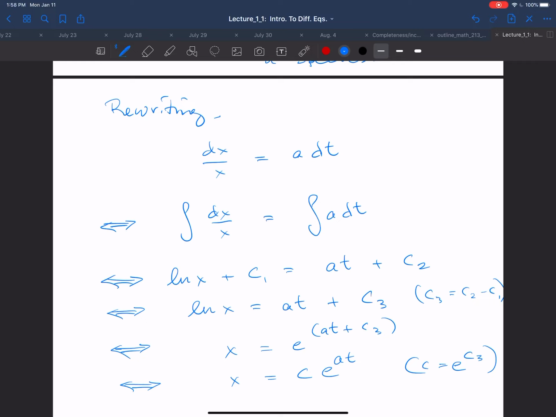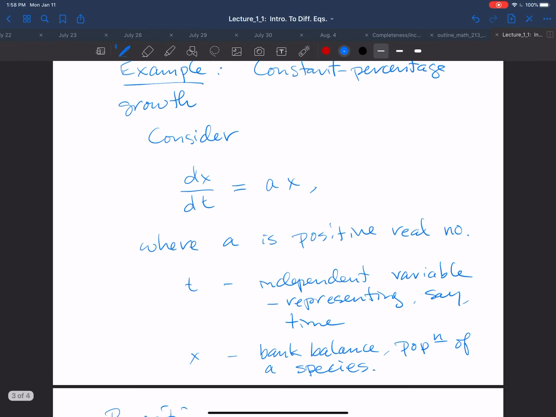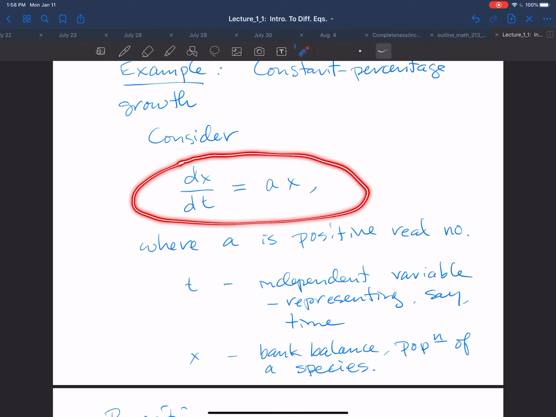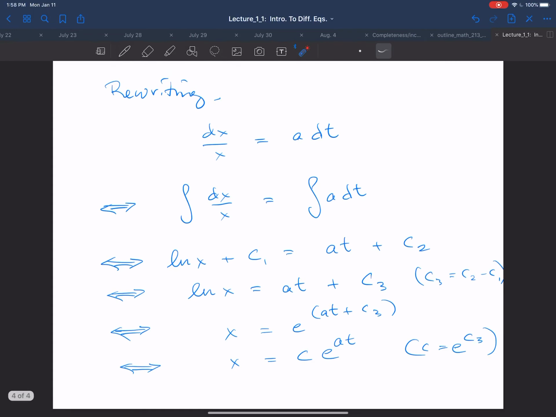So this is something that in future you should recognize right away when you see this famous differential equation that we encounter quite often, dx by dt equals ax. The solutions of that differential equation are simply exponentials: x equals c e to the at. Okay?